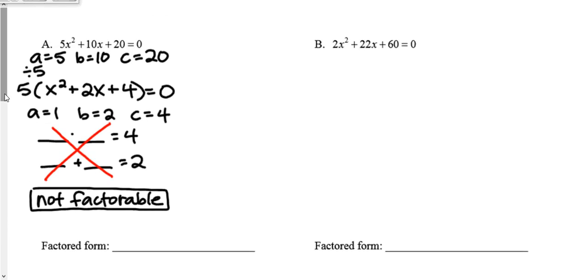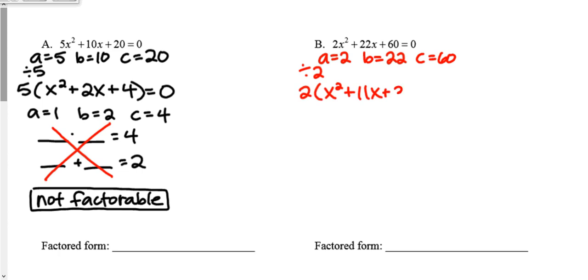All right, so on B, we have A is 2, B is, sorry, B is 22, and C is 60. Look for a GCF, they're all divisible by 2. So we have a 2 on the outside, which would give us x squared plus 11x plus 30.